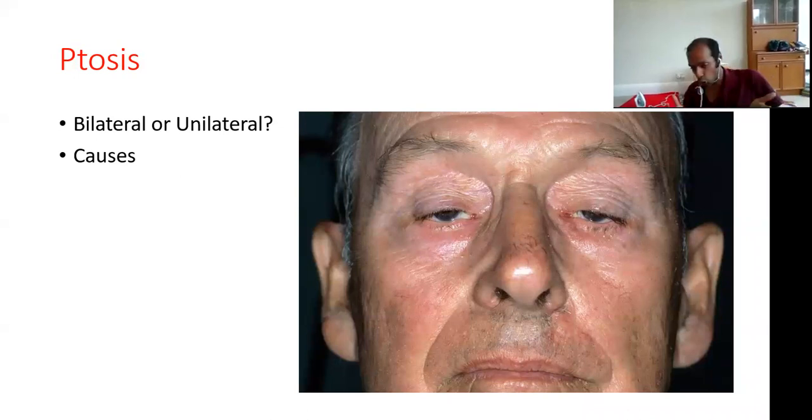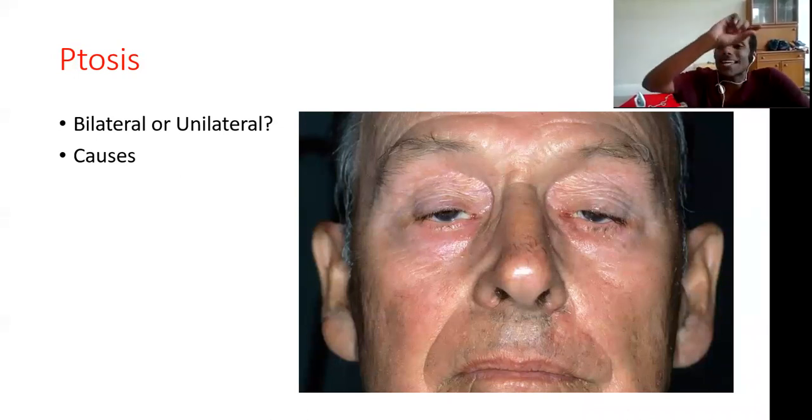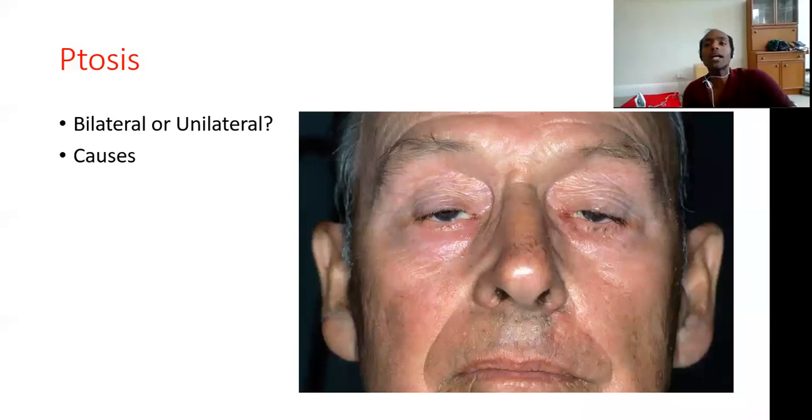So we know that ptosis could be due to a disorder in the third nerve or its pathway. The third nerve pathway also includes the muscle and the neuromuscular junction.